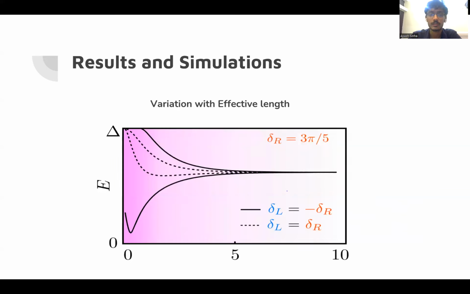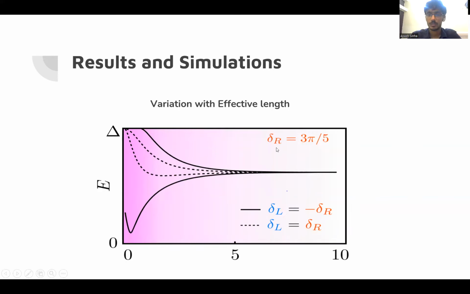The crossover is when L is equivalent to the coherence length, as I stated earlier. So energy can go up to the band gap maximum, 0 to delta L. I have not described this earlier, but we are only considering bound states, not continuous scattering states. We are only considering Andreev bound states in this work.